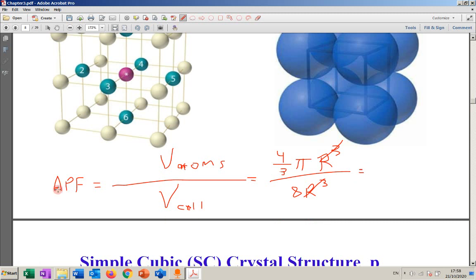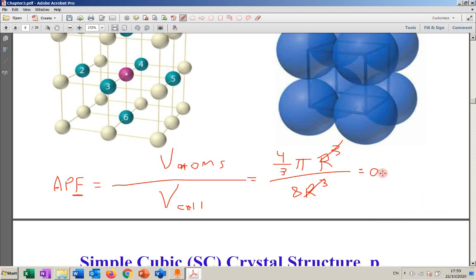There's something they call atomic packing ratio, where they make it 100%, but in our book, atomic packing factor, we can just leave it as a factor to see how much it is. So 4 divided by 3 times pi divided by 8, we're going to have 0.52.